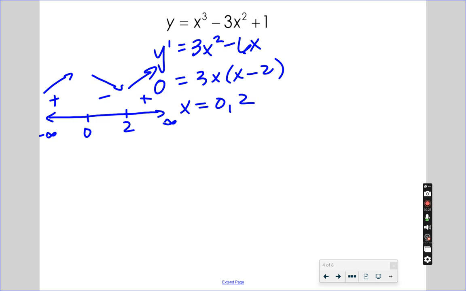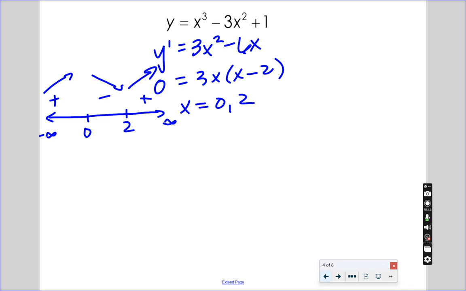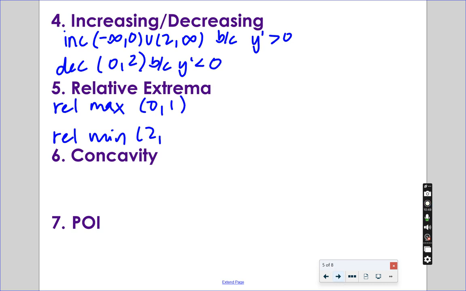Oh, didn't we already do that? 0, 1. All right, and then someone tell me what you get when you plug in 2. Relative max at 0, 1. Relative min at 2. What is it? Let's see. 8 minus 12 plus 1, so -3.